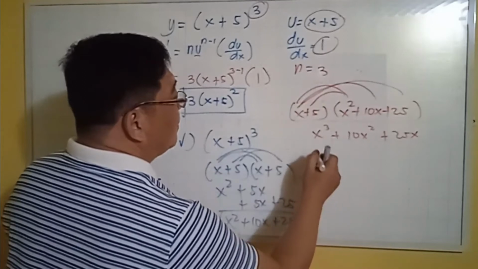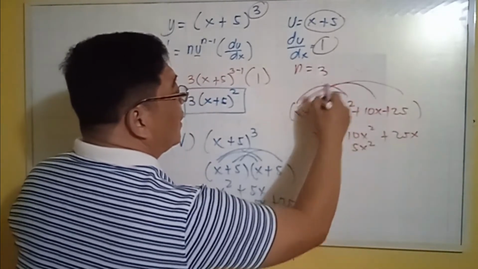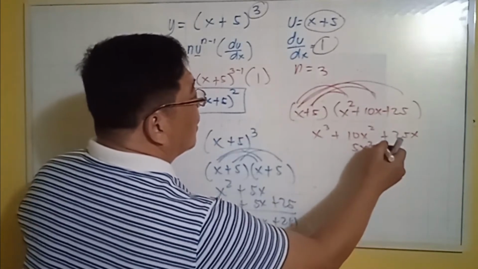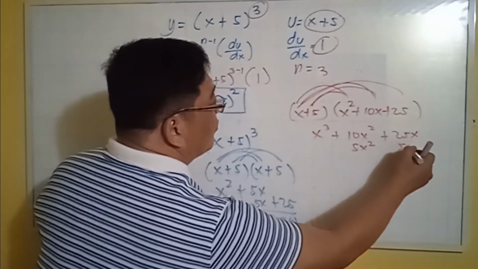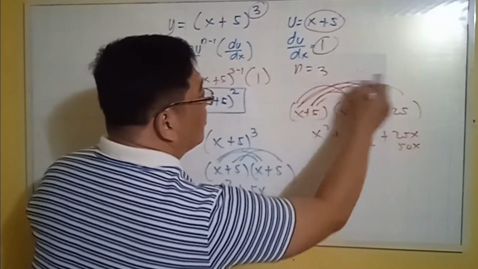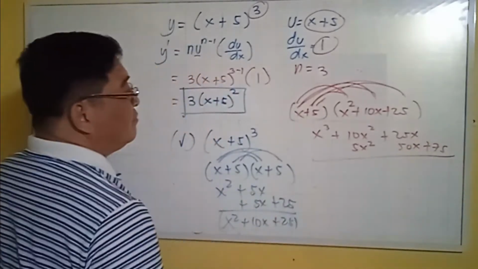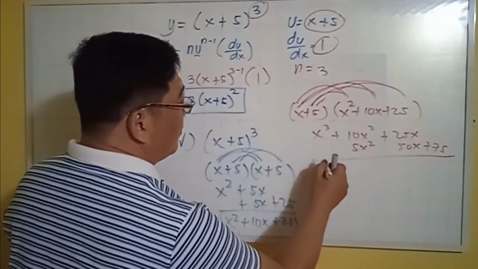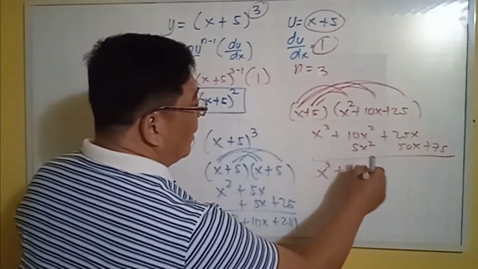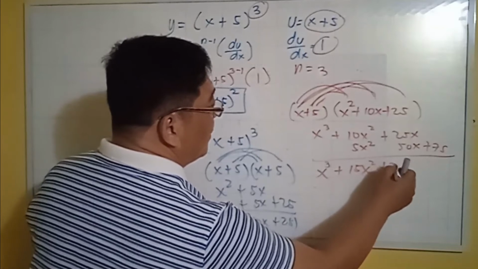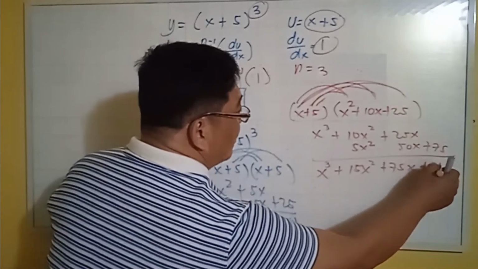And 5 naman, we have 5x squared, and then 5 times 10x, you have 50x, and then 5 times 25 we have 125, and then we add, bring down x cubed plus 15x squared plus 75x plus 125.